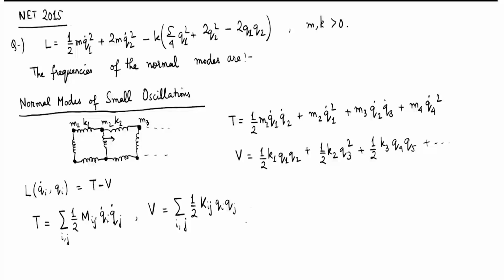So in this, you can write this actually in a matrix form. What is this matrix form?